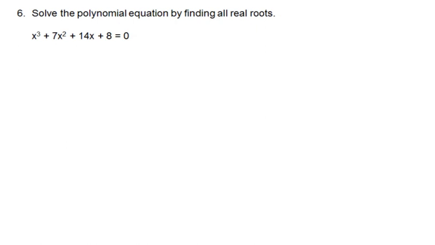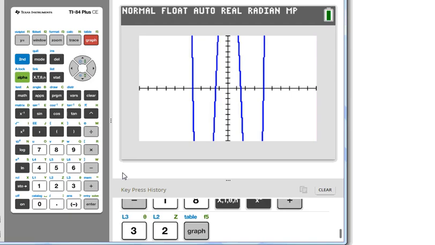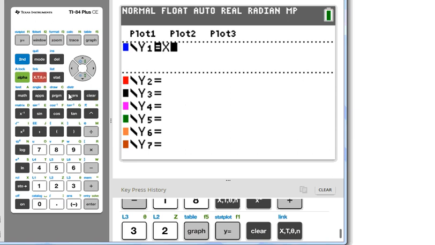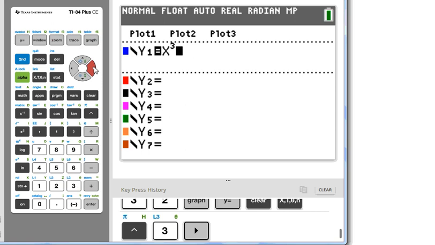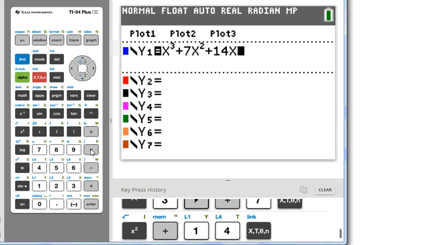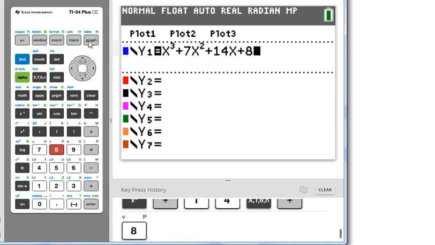Next, 6. Solve the polynomial equation by finding all real roots. I'm just going to go ahead and graph this one. Y equals x cubed plus 7x squared plus 14x plus 8. So we have this here.